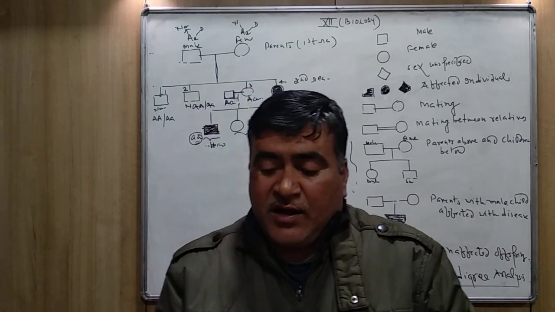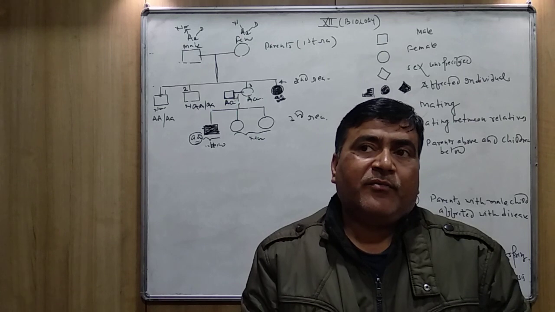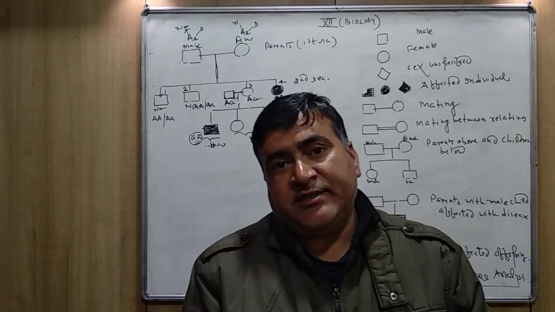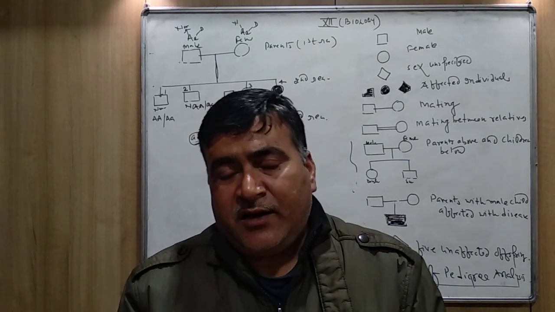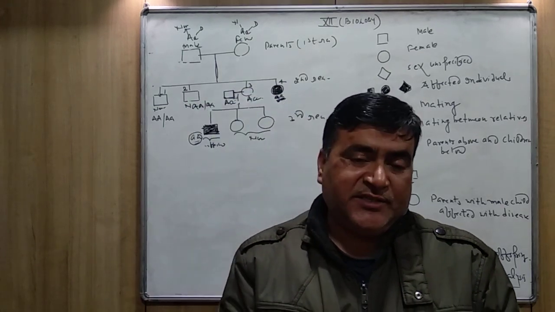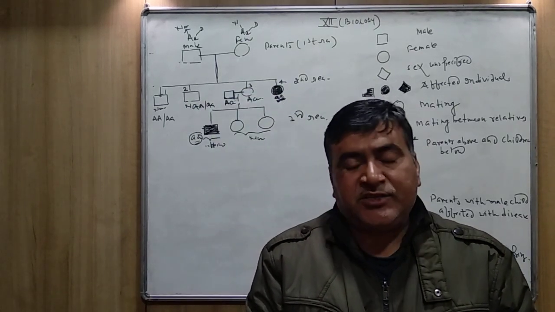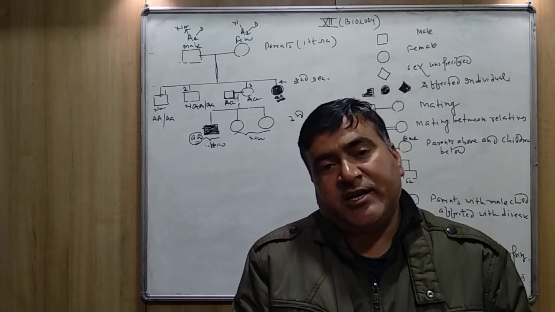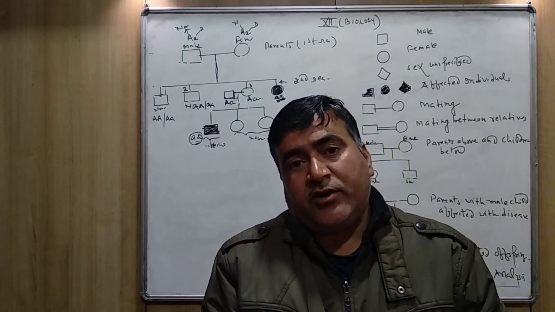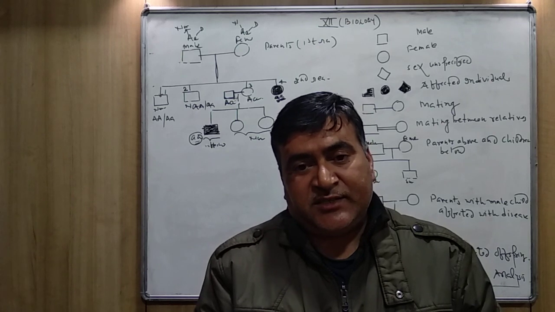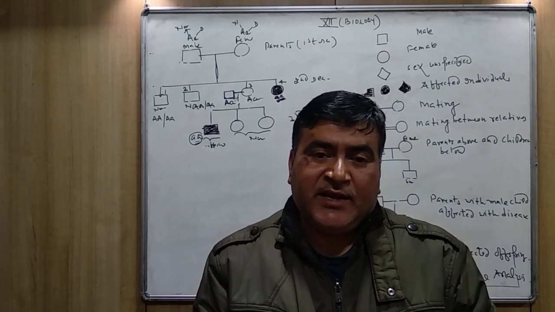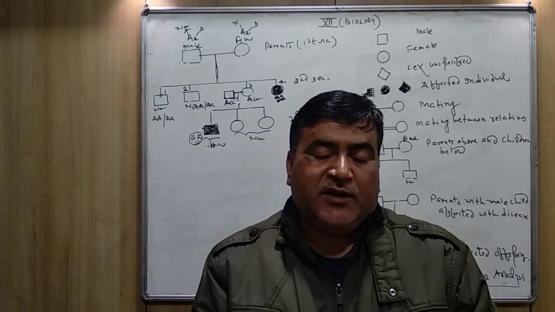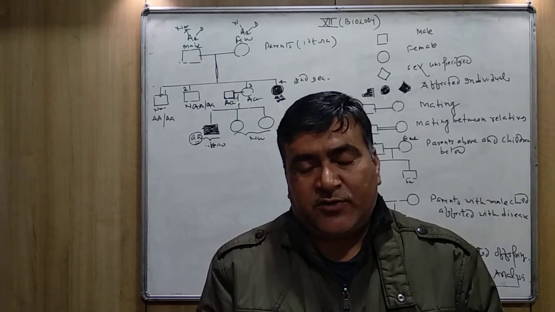Now, after the pedigree analysis, there are two disorders in your NCERT book, and these are Mendelian disorders and chromosomal disorders. I will teach you Mendelian disorders and chromosomal disorders tomorrow.